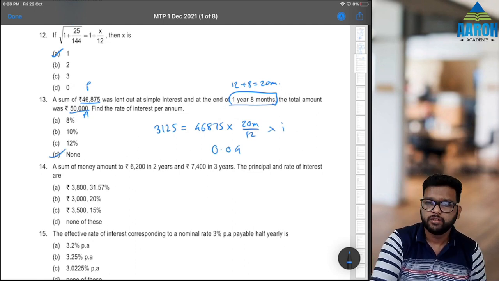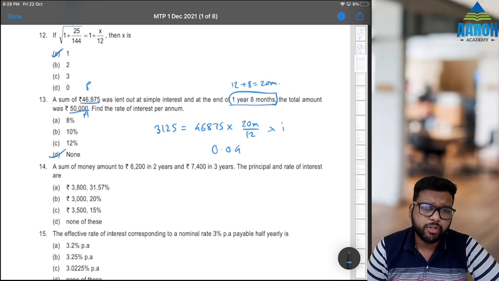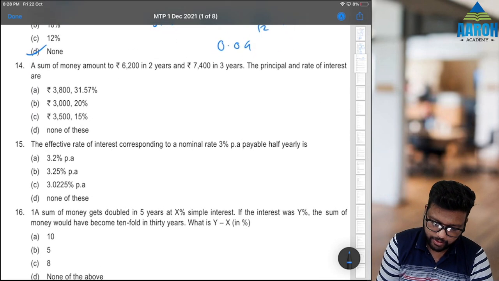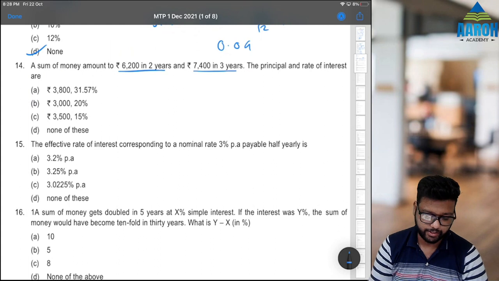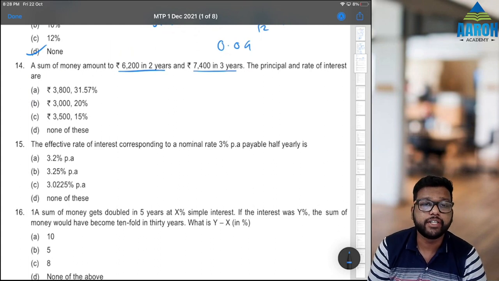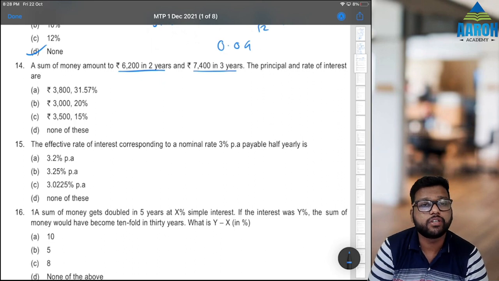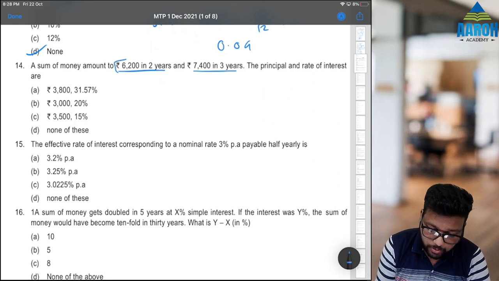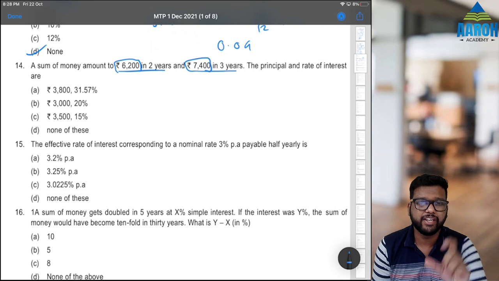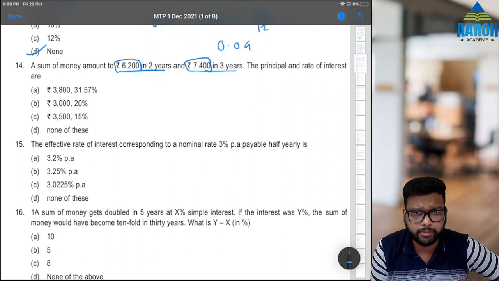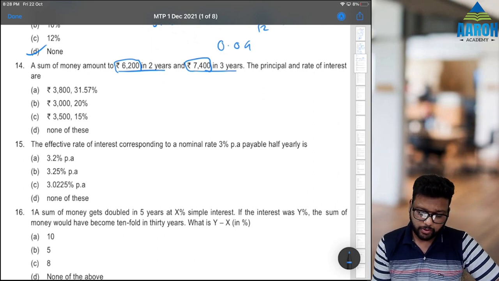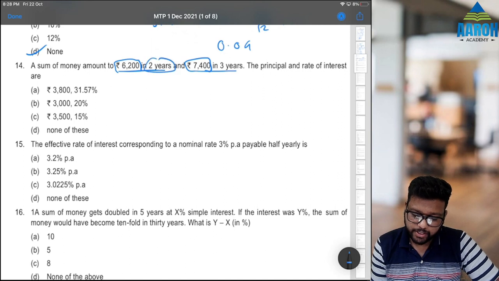Next. 14th is a sum of money amounts to 6,200 in 2 years and 7,400 in 3 years. The principal and rate of interest are. Okay. Now they have not given whether it is simple interest or compound interest, but since amounts are like this, ending in 0, so let's assume it is simple interest only. Now understand, 2 years may this much and 3 years may this much.